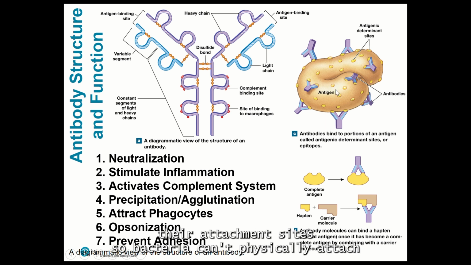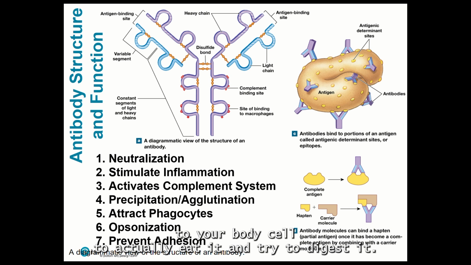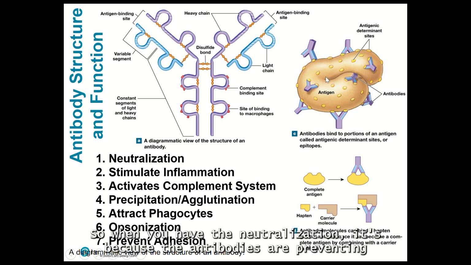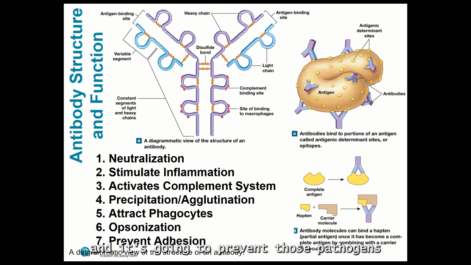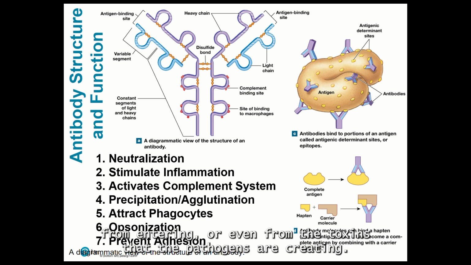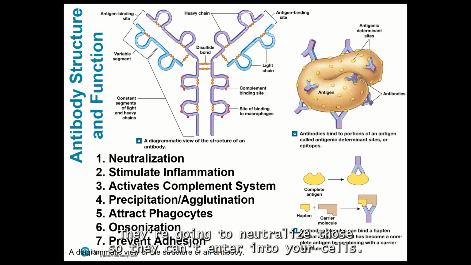So bacteria can't physically attach to your body cell to actually eat it and try to digest it. So when you have neutralization, it's because the antibodies are preventing the bacteria from actually binding to your injured cells, and it's going to prevent those pathogens from entering, or even the toxins that the pathogens are creating. They're going to neutralize those so they can't enter into your cells.